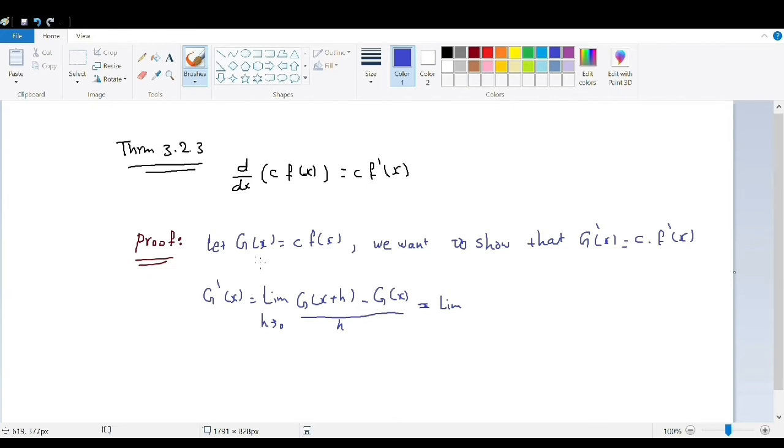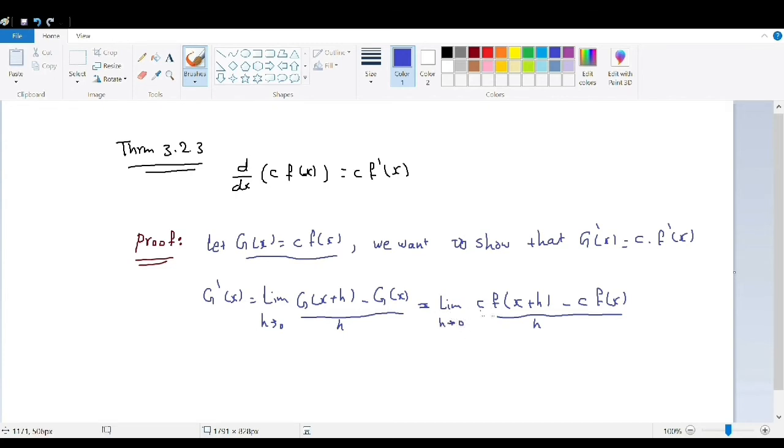We know that our g is equal to c multiplied by f of x. So this will be equal to c multiplied by f, replacing x by x plus h, minus g of x, which is the original function c multiplied by f of x, and we divide by h, evaluating the limit when h approaches 0.